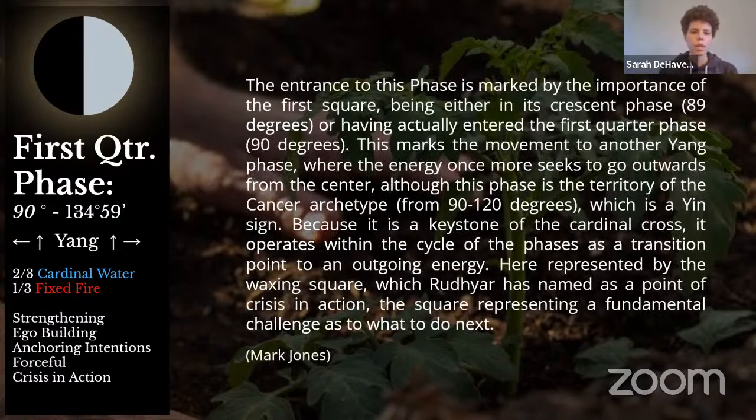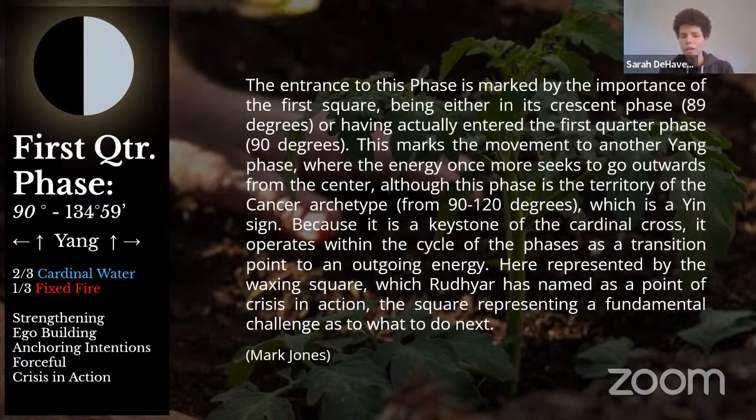Mark Jones says, the entrance to this phase is marked by the importance of the first square being either in its crescent phase or having actually entered the first quarter phase. This marks the movement to another yang phase where the energy once more seeks to go outwards from the center, although this phase is the territory of the Cancer archetype, which is a yin sign.